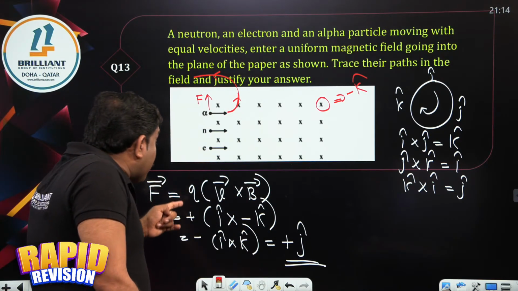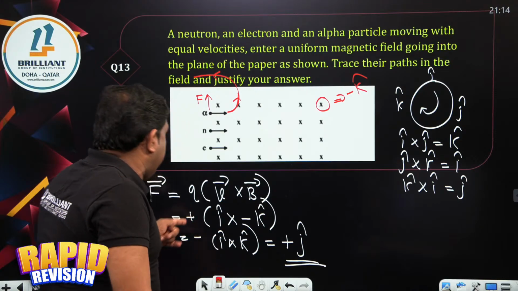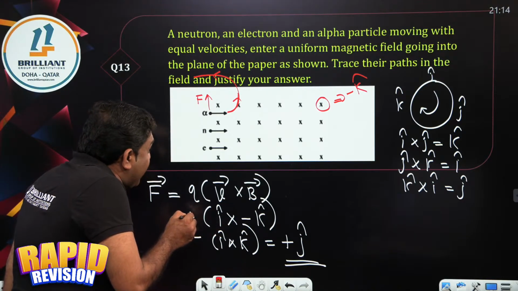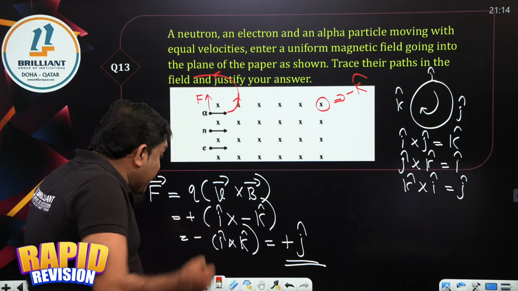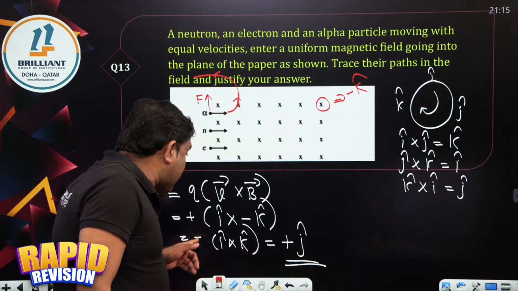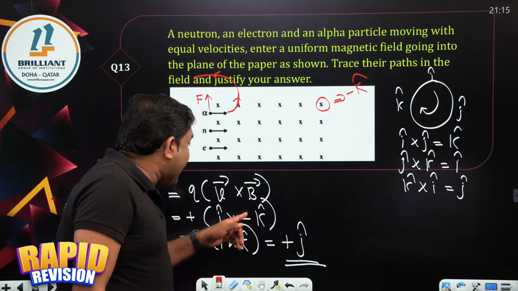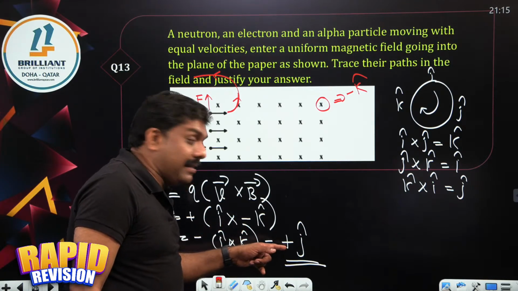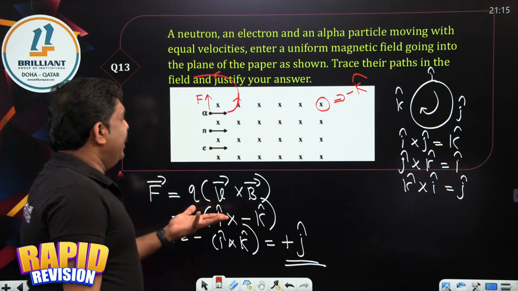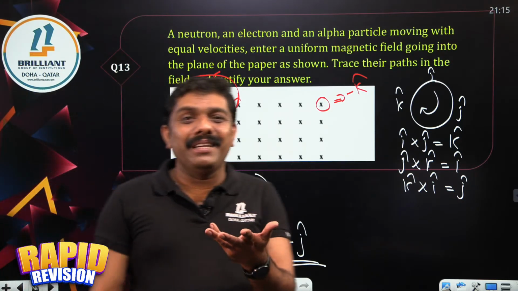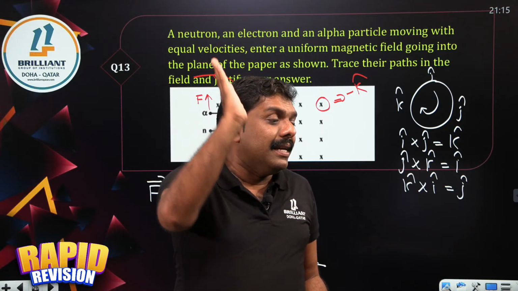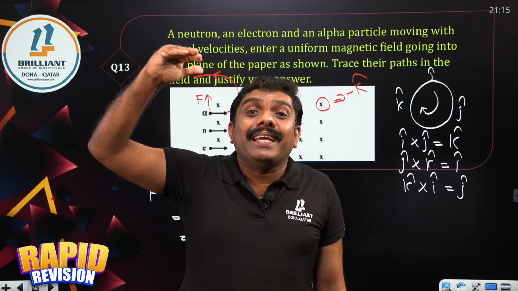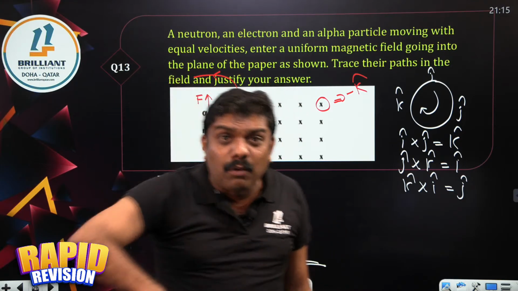Okay. Now the next one, there is the electron. What is the charge of the electron? Electron charge is negative. So instead of plus, there will be a minus sign. That minus, and already there is a minus sign, so it becomes a plus. Then I cross k, there will be a minus j. So it's the reverse. What is the idea? Alpha particle is deviated upward, so definitely the electron will be deviating downward.